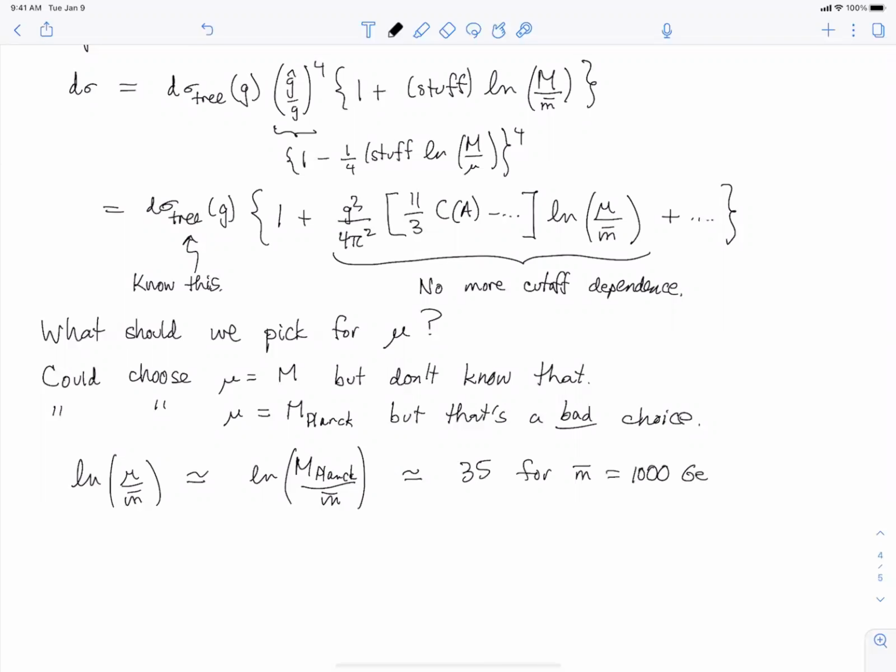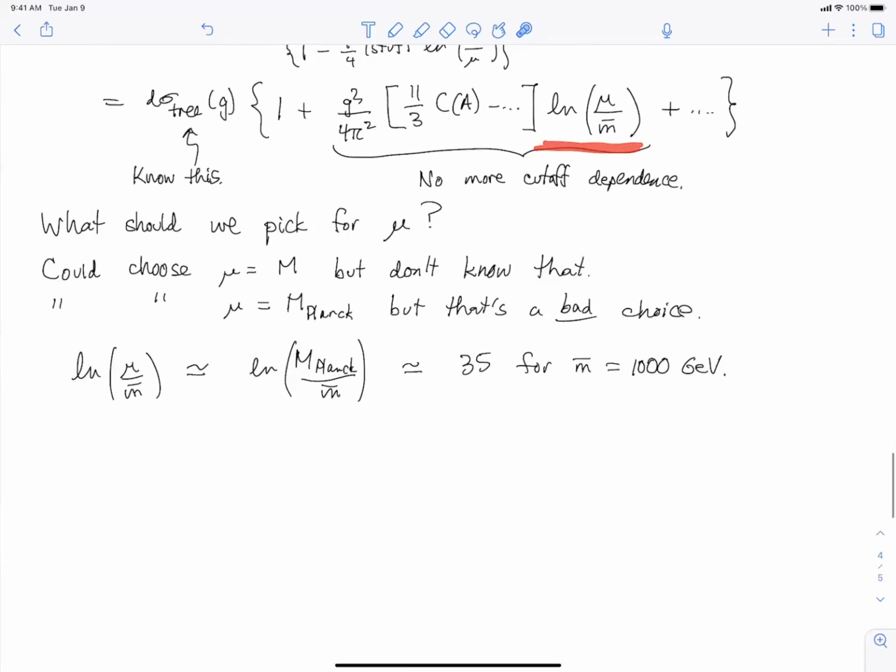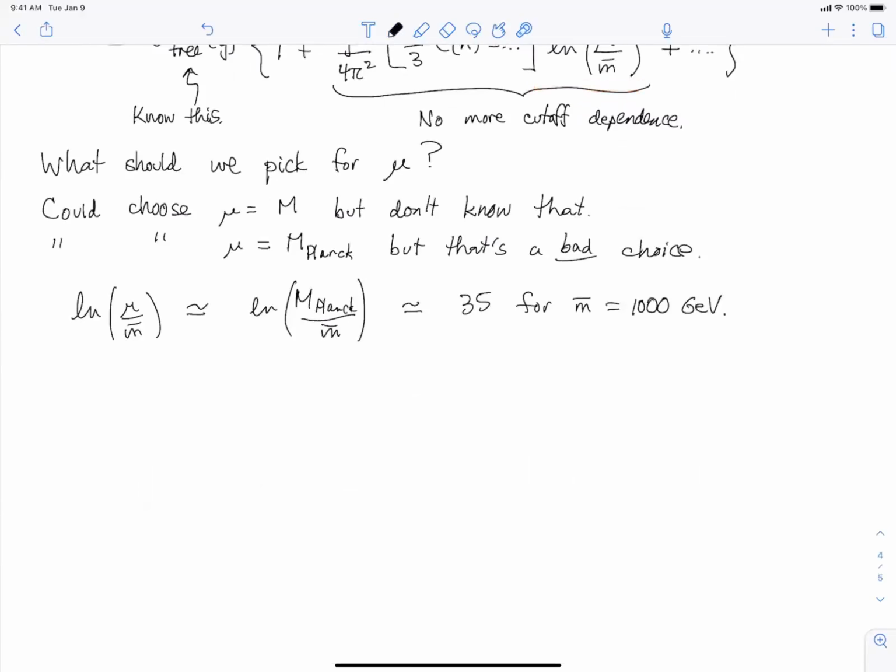Just plug in the number for M Planck. So the problem with that large logarithm is then you've got a large logarithm multiplied by a number of all this stuff is basically of order 1, and then your series is not convergent. So instead, what you want to do is you want to choose mu so that this logarithm is not large. And an easy way to do that is just choose it to be the same order as M bar. So instead, want small logs.